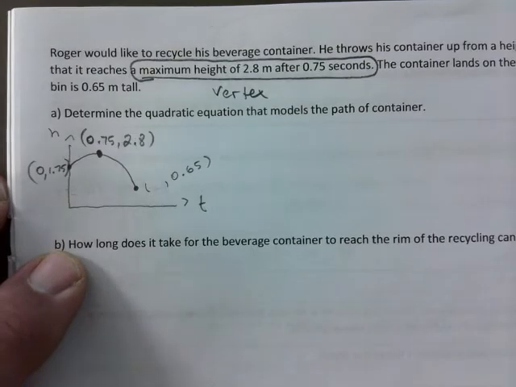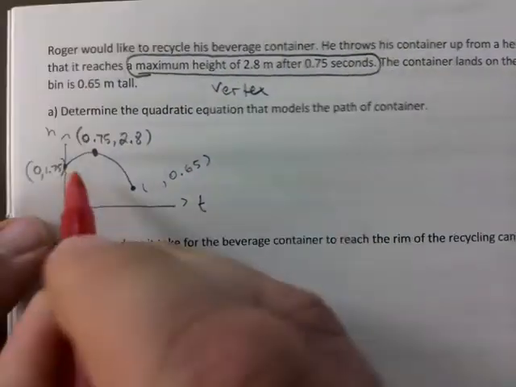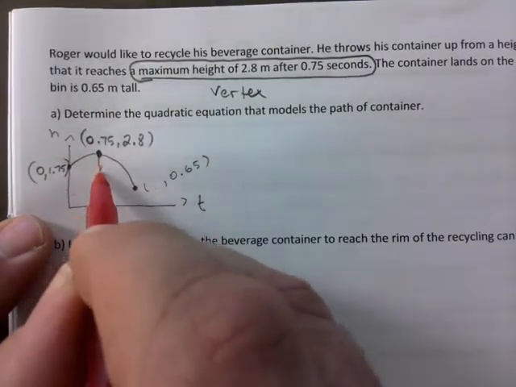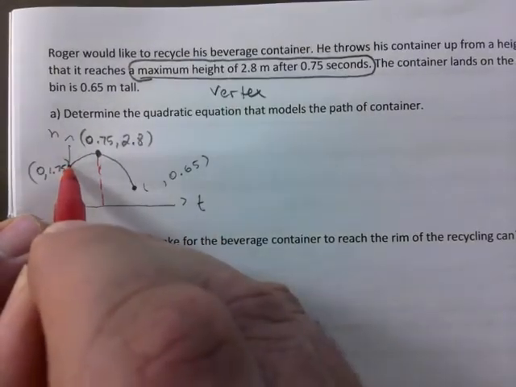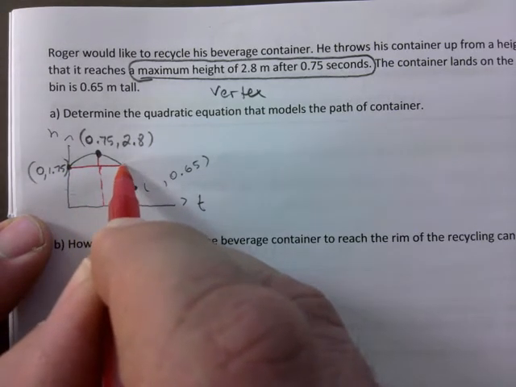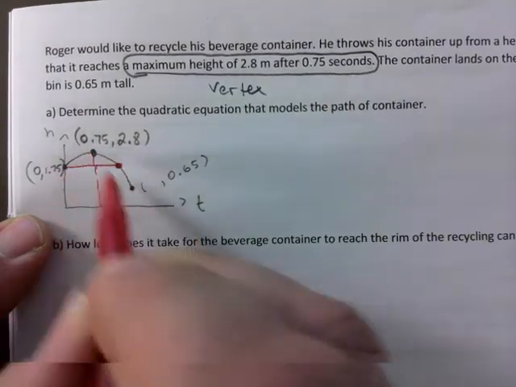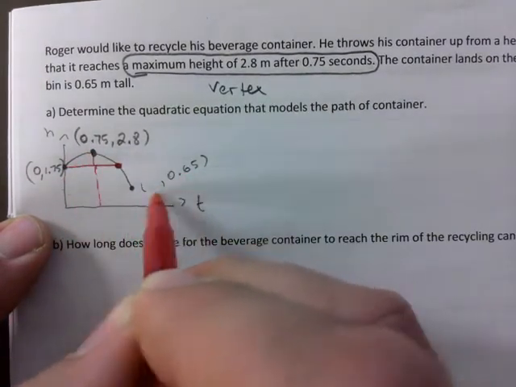I kind of tricked you a little bit by giving you this here. What you want to do is focus on the axis of symmetry. The initial height is here, and you want to find the point that's across from it. You're going to focus on these 3 points, not the one I just threw in there.